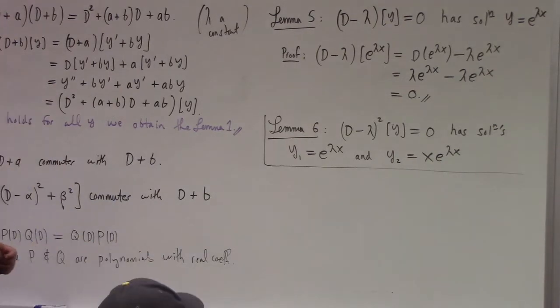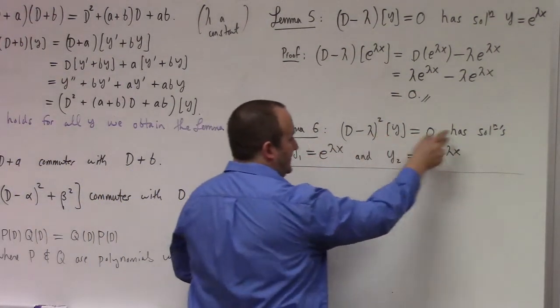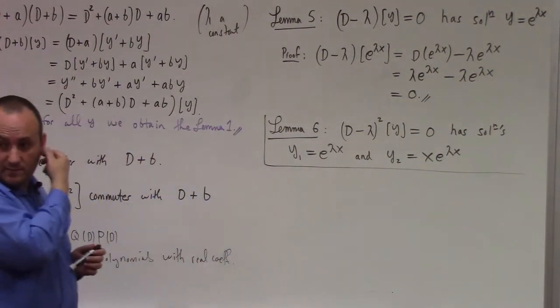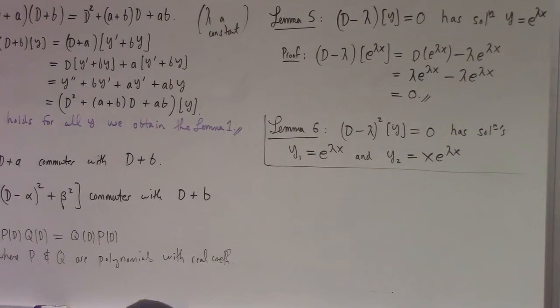What does it mean? That's a differential equation. Right, I mean, to say that this has solutions means that when I plug that in, it gives me back 0. Does that make sense? Okay.